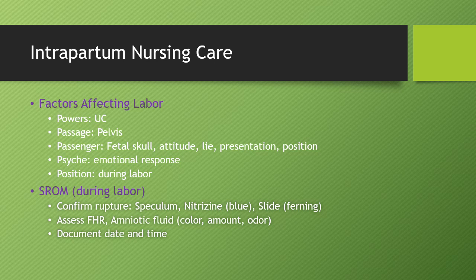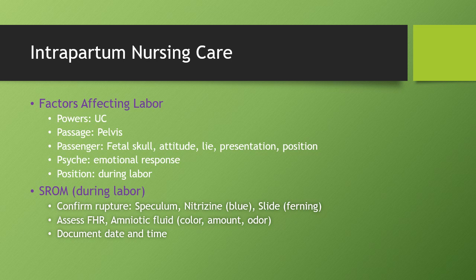Ferning is where you swab fluid onto a glass slide and allow it to dry and then look at it under a microscope. But the standard test these days is called an AmniSure, where we send the swab out for testing at the lab, and they make sure that it is in fact amniotic fluid, that the membranes have ruptured.